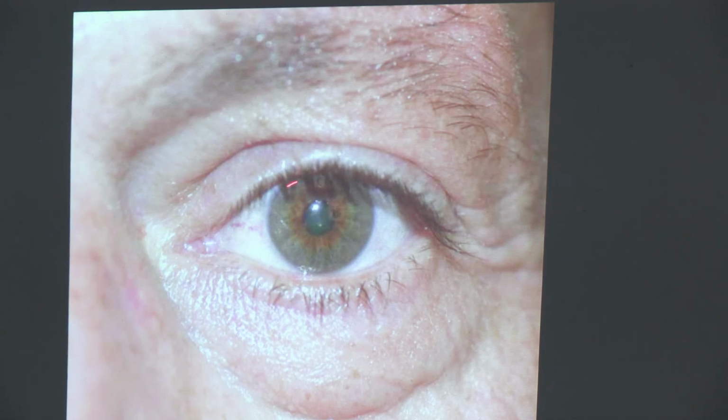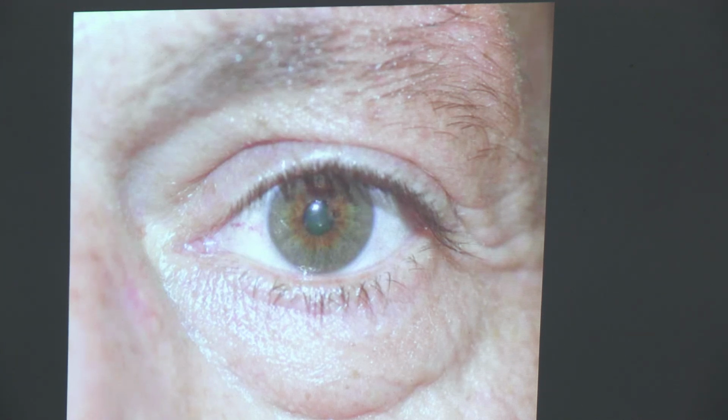This iris contains how many muscles? So it contains two types of muscles, longitudinal and circular muscles. So this helps in contraction and relaxation of the iris.